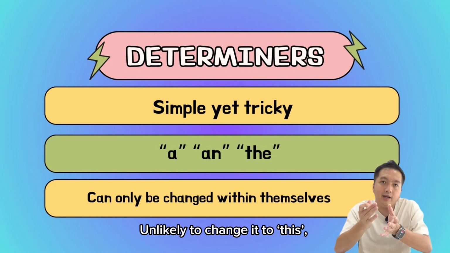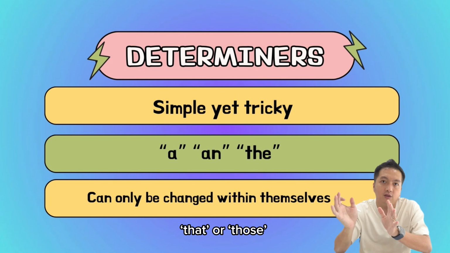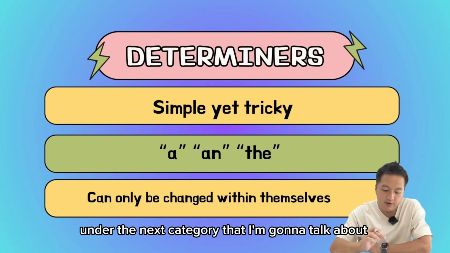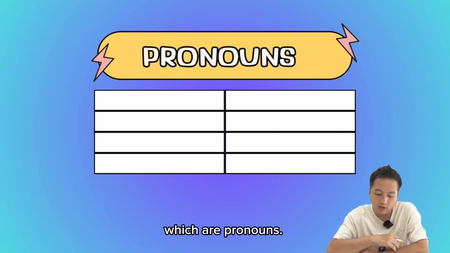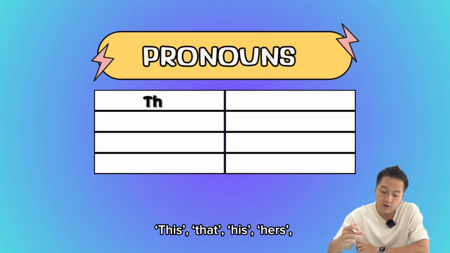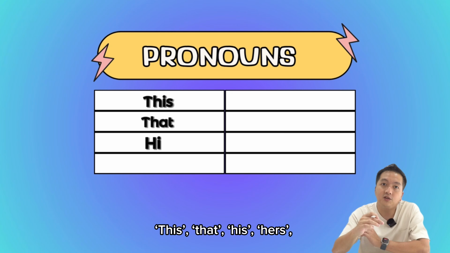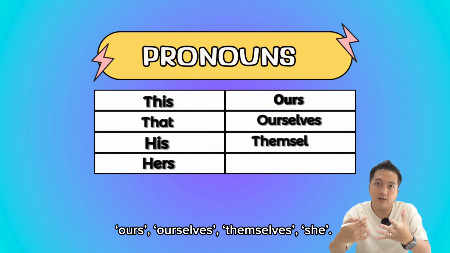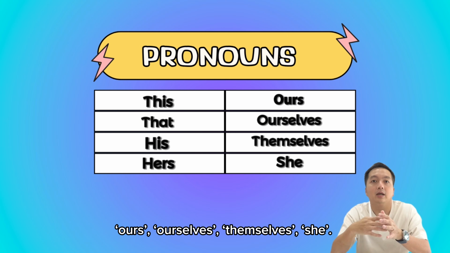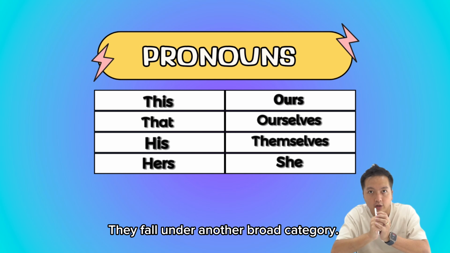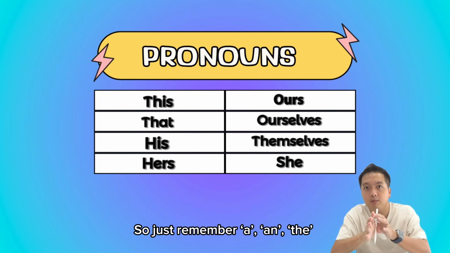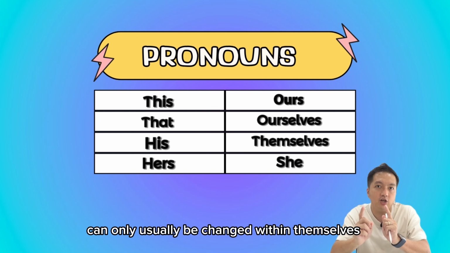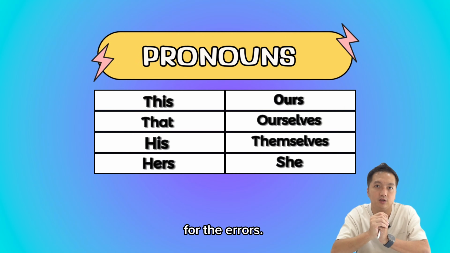You are unlikely to change it to this, that, or those, because that falls under the next category that I'm going to talk about, which are pronouns. This, that, his, hers, ours, ourselves, themselves, she. They fall under another broad category. So just remember, a and the can only usually be changed within themselves for the errors.